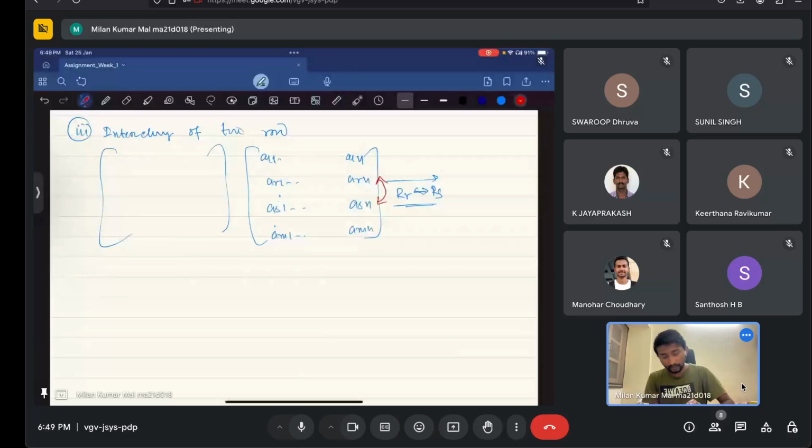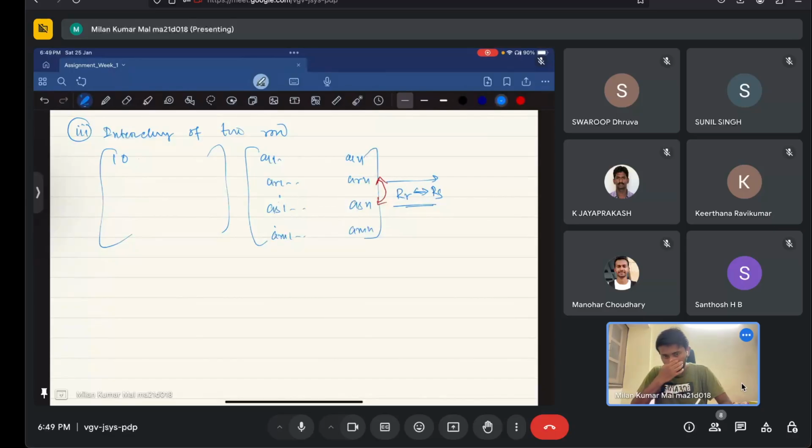So for that purpose, what we will do is interchange the R and S columns of the identity matrix, that is 1 0 0, and we just interchange the R and S positions, which is also denoted by RS.